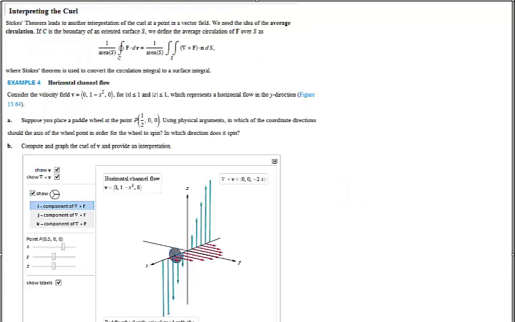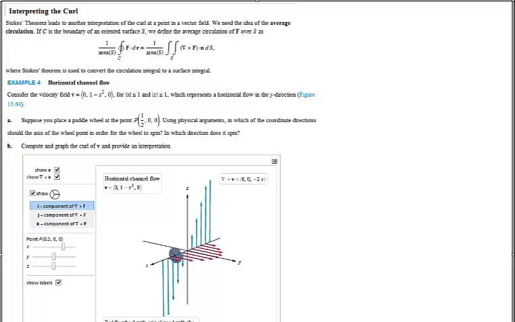In this interpretation of the curl, we are looking at a point 1/2, 0, 0 sitting right here, and we want to know which way the wheel is going to spin. Now, if the axis of the wheel is aligned with the x-axis at P, the flow strikes the upper and lower halves of the wheel, and so the wheel doesn't spin.